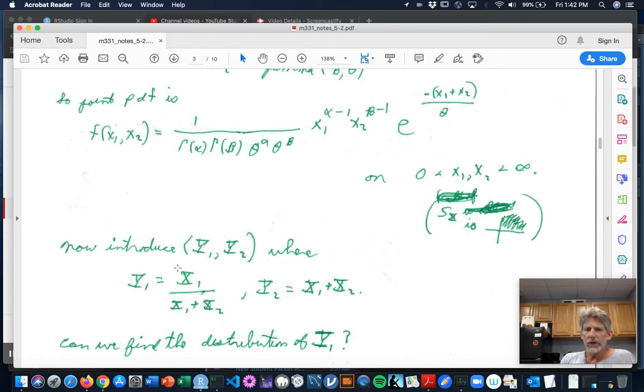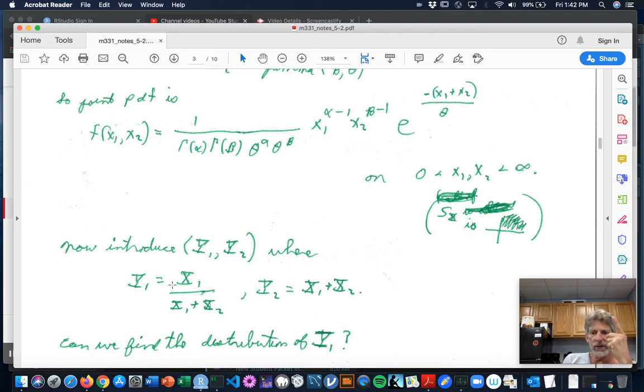And suppose you got curious about what fraction of that total waiting time for the alpha plus beta events is spent waiting for the first alpha events. That fraction, I'm calling y1. And I might get interested in what's the distribution of that new random variable? So it's a transformation of x1 and x2, that fraction of waiting time for the first alpha events.